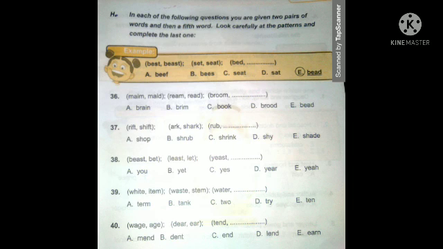In the first bracket, beast and bet, A and S were removed. Same applies in list and let. A and S were also removed. So when we come to yeast, let's remove A and S and see what we get. Wow, you're correct. I heard you say yet. Beautiful. That means you're following.